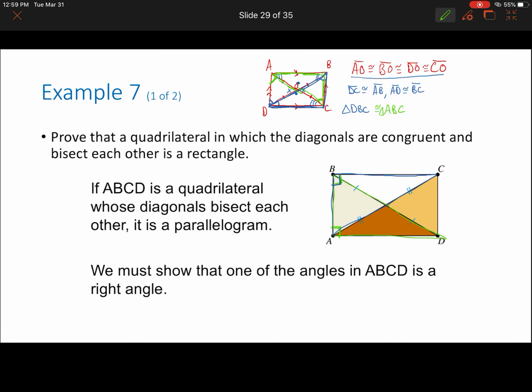If I can show that those two triangles are congruent, then I can show that those two are right triangles, because trapezoids have to have supplementary consecutive angles, which means that this angle B and this angle C, the big angle, are 90-degree angles.